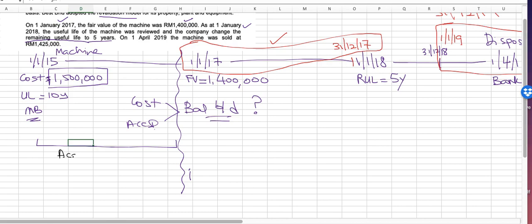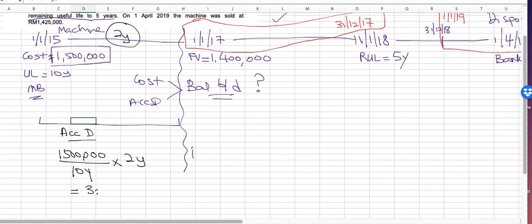So accumulated depreciation is cost 1.5 million divided by the useful life 10 years times with how many years here? 15, 16, so 2 years. Okay, so times 2. So you get 300,000.